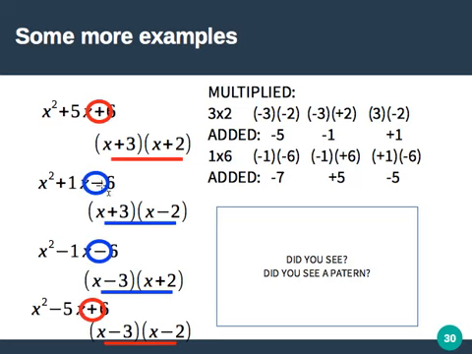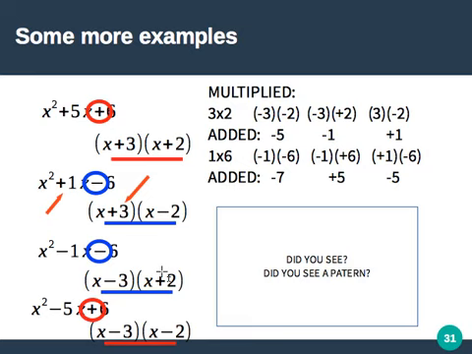Well, let's see the other case. When the last term is negative, as you can see here, the negative 6, here's another negative 6, both factors of your answer are going to be of different signs. You see this one's positive and this one is negative. And also here, this guy was negative and this one was positive.